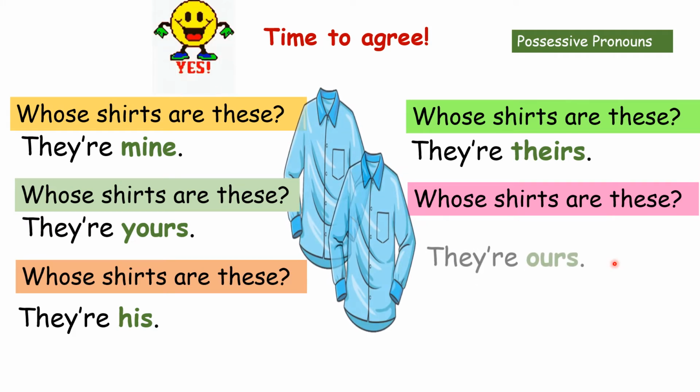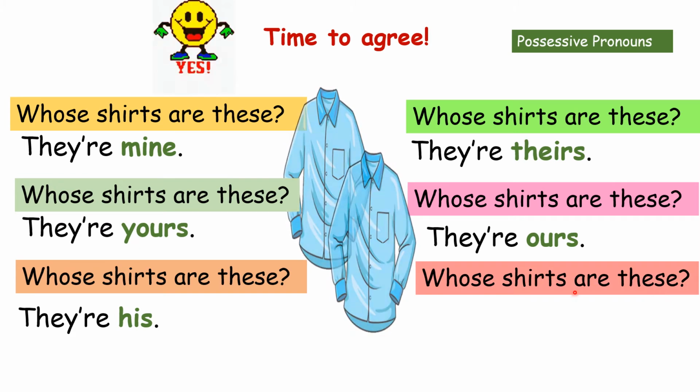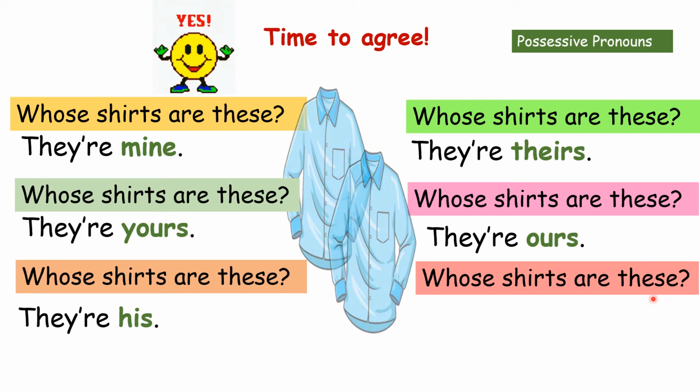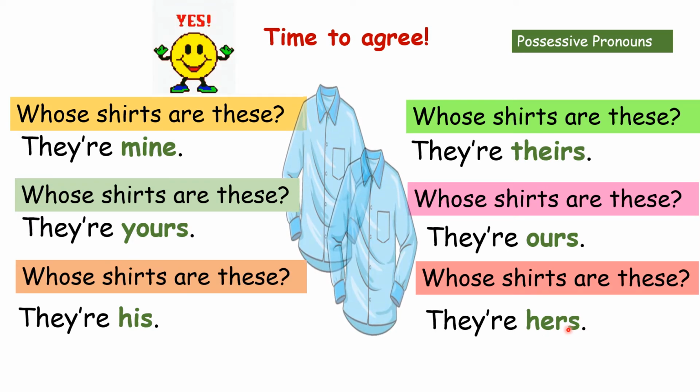To confirm, they're ours. And next example, whose shirts are these? To answer or to confirm, they're hers. Now, to confirm means it does belong to that person.